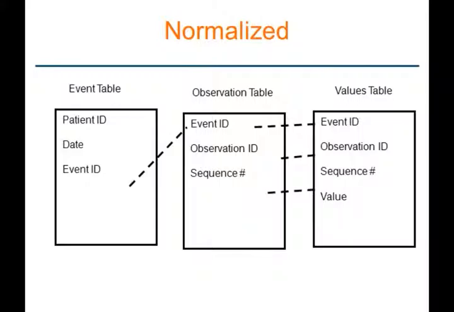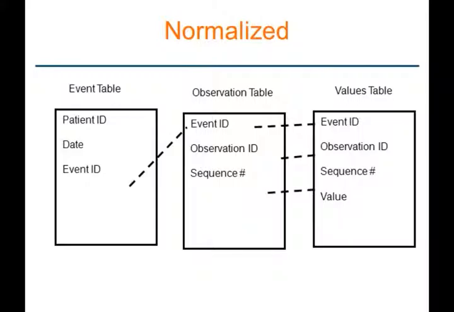So the patient ID and the date are pieces of information that don't need to be stored on the observation table because they're stored in the event table, and they don't need to be stored in the values table either, because that data can be retrieved by linking back to it using the event ID mapping from the observation table to the event table, or using the event ID and observation ID and sequence mapping back to the values.